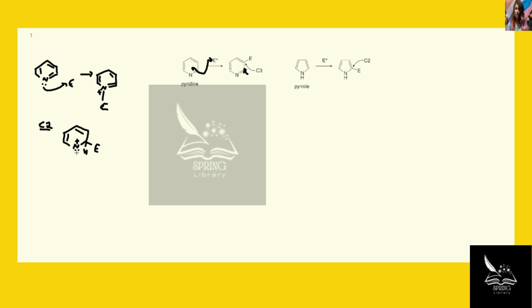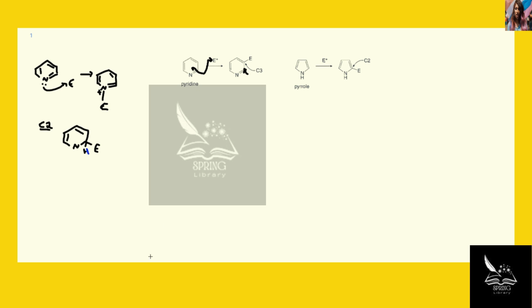But now nitrogen can move its lone pair electrons here, and sorry, let's redo this. Let's start off with something that makes it easier to see.